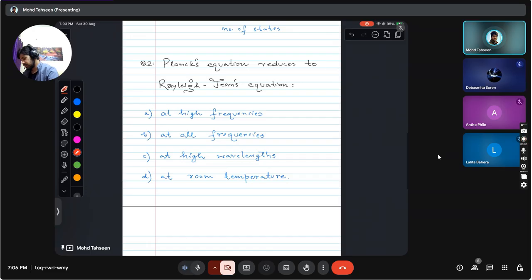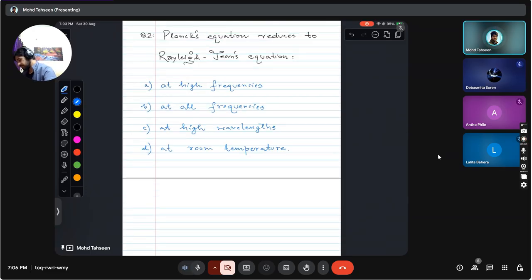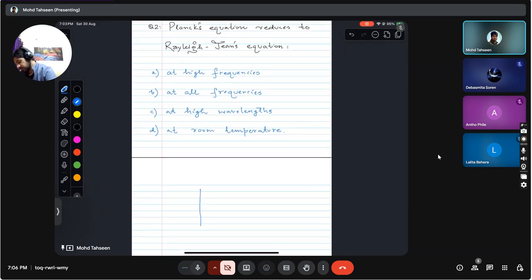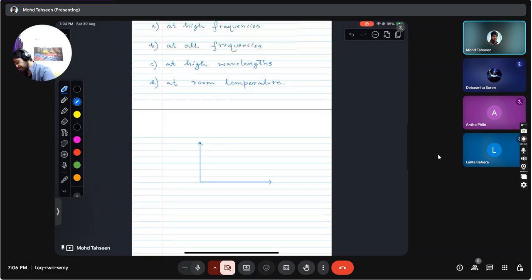So we looked at one distribution today, which was something like this. We had wavelength here, and here we had spectral radiance.